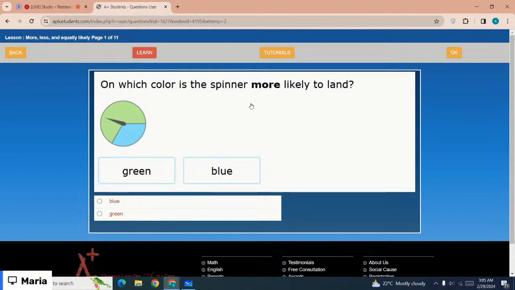That means there are more chances it will land on green. It will more likely land on the portion that has more. The correct option is green because more portion is green than blue. Option number two is the correct option.